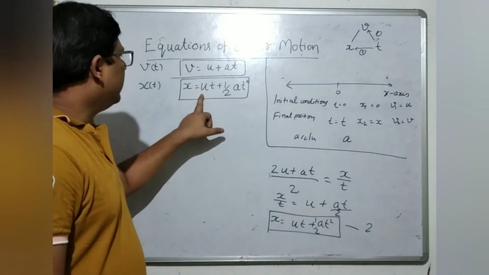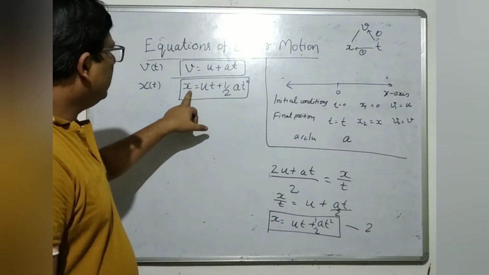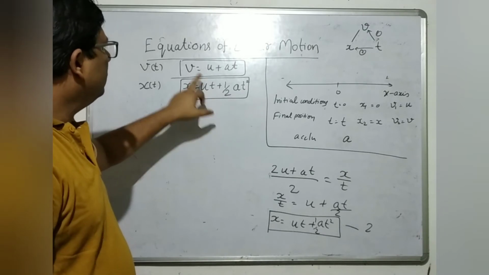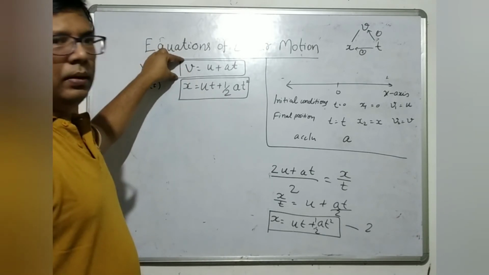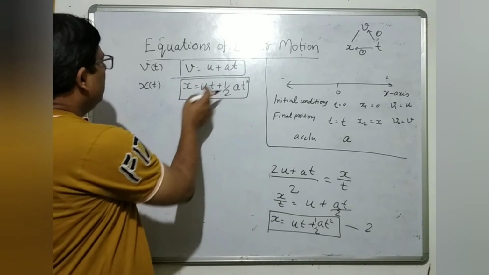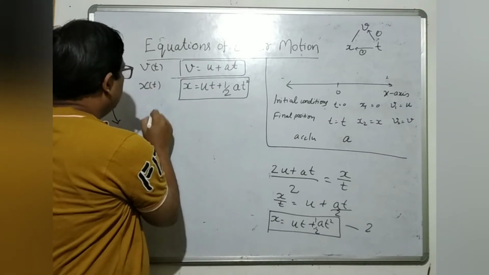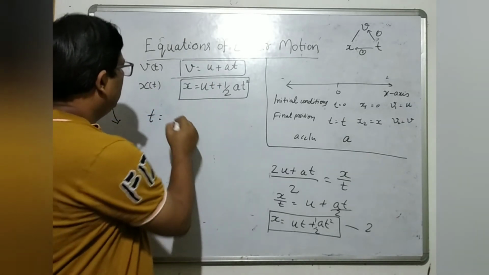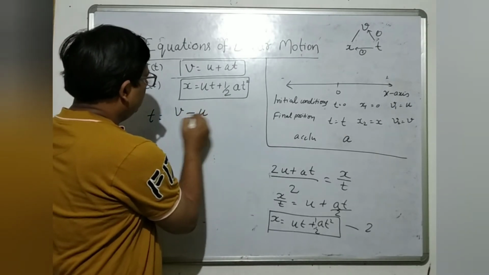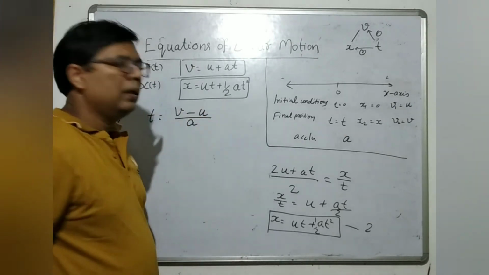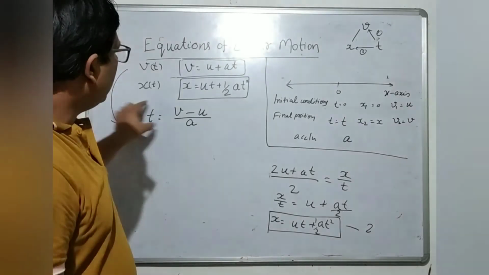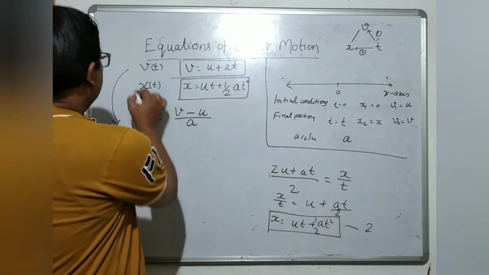So just see the second equation, and here we can replace time by taking time from the first equation. So from the first equation, t is equal to (v minus u) upon a. Now just put this time into the second equation.